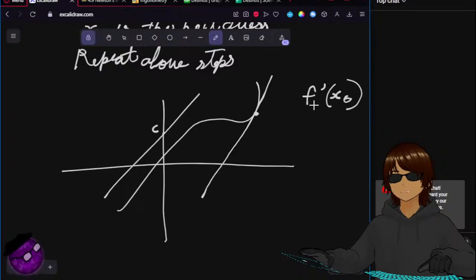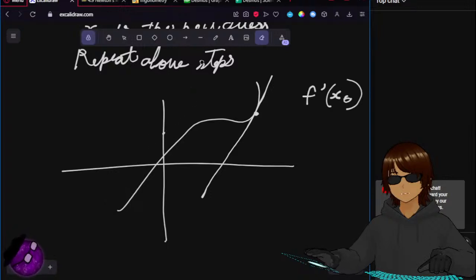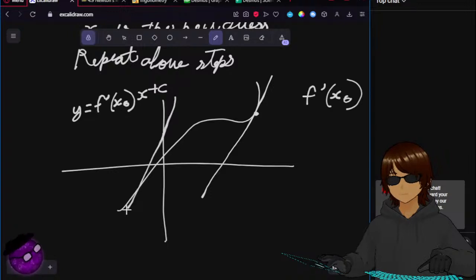If we draw y = f'(x0)x + c, then we get this line. The gradient is the same as this, and c is whatever the y-intercept is here, but instead we shift this line here.